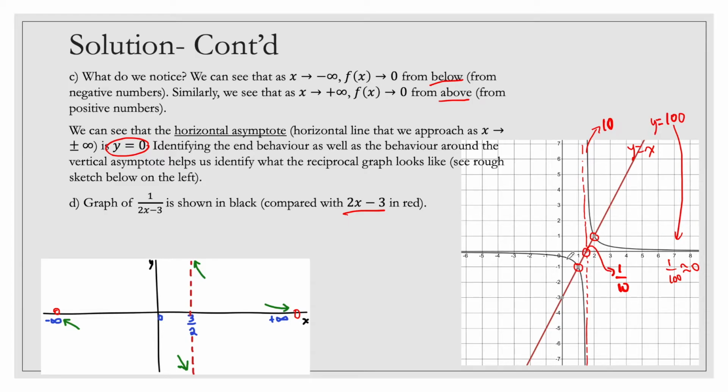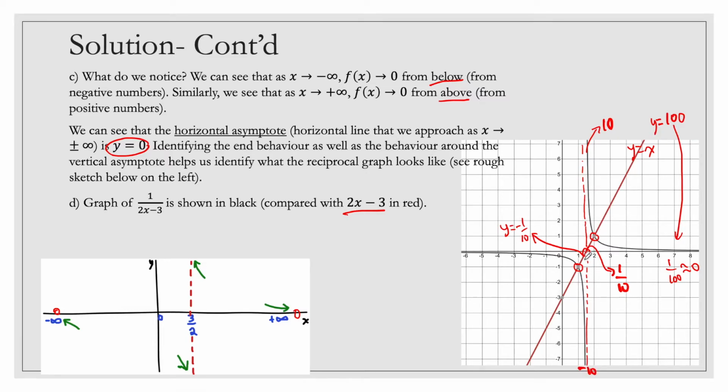And now let's look at the negative output values. So for an arbitrarily small negative number, I'm going to pick this value right here. Let's just say that the y value is y is equal to negative 1 over 10. I'm just going to pick negative 1 over 10 again. We can see here that its corresponding reciprocal value will be negative 10.